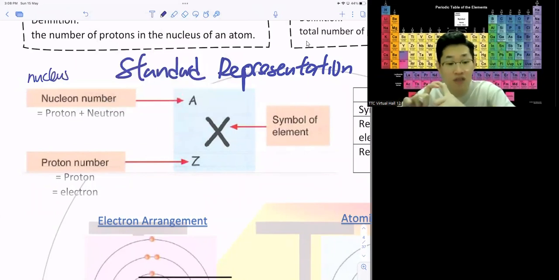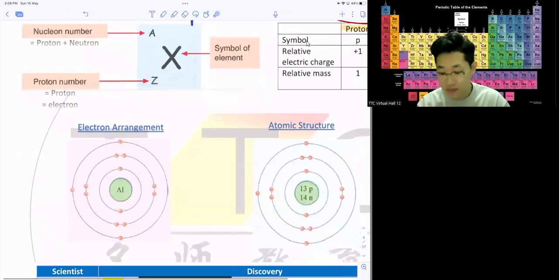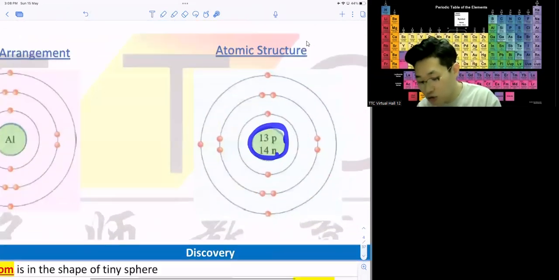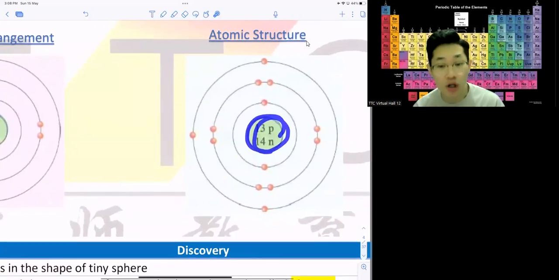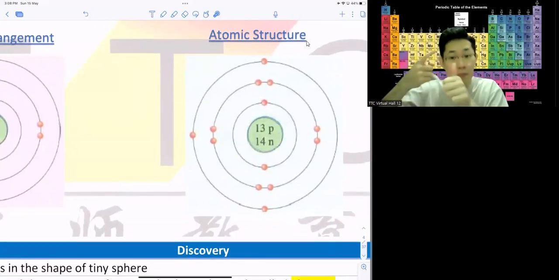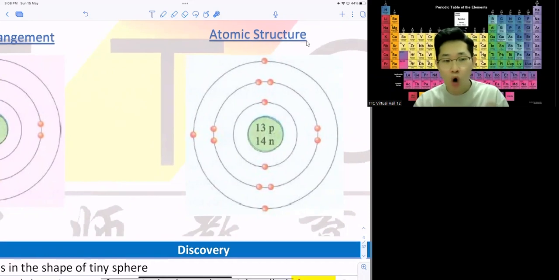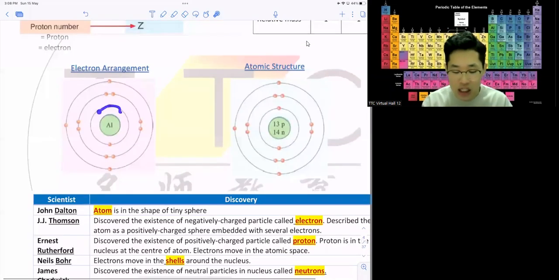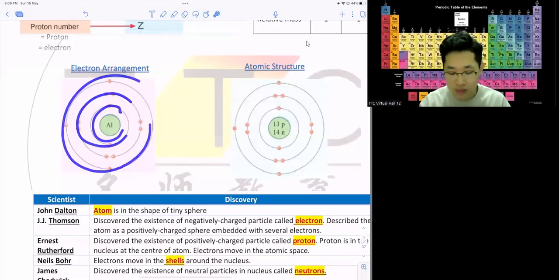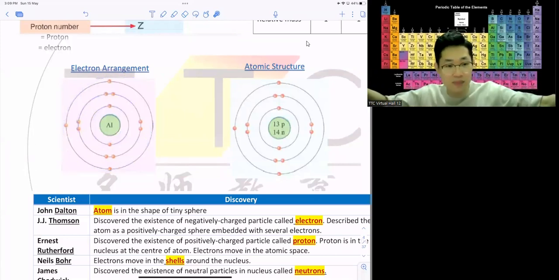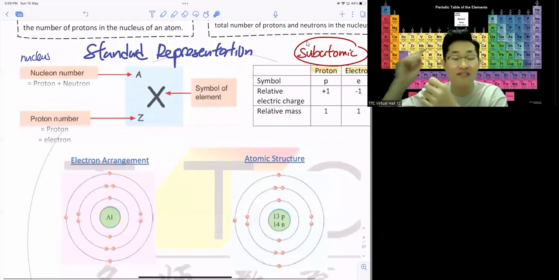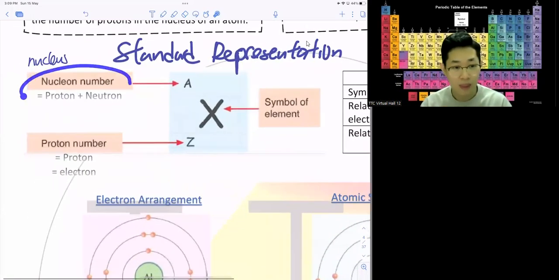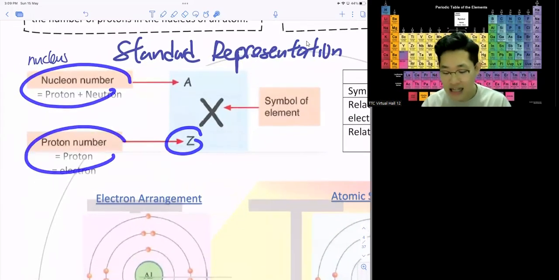In the nucleus of an atom, we can find the proton and neutron. Not just neutron, proton and neutron. Only electron is in the shell. This is like the solar system. The sun is here. Inside the sun, the nucleus, we have proton and neutron. And then the number below is proton.